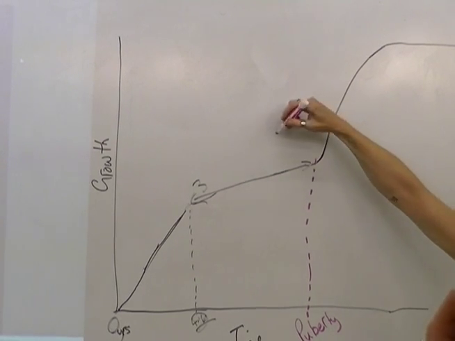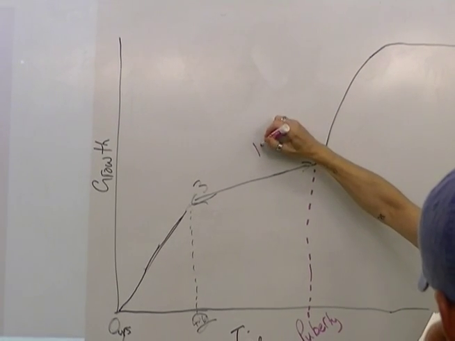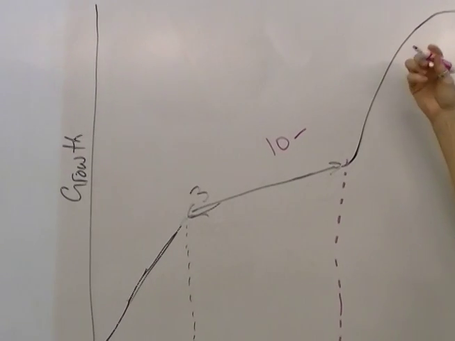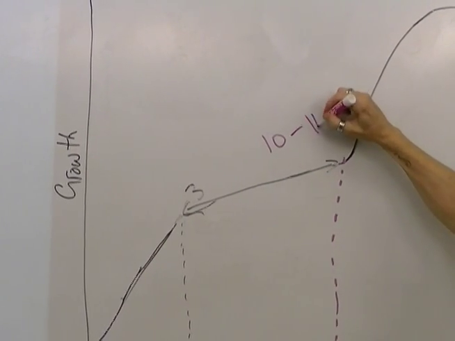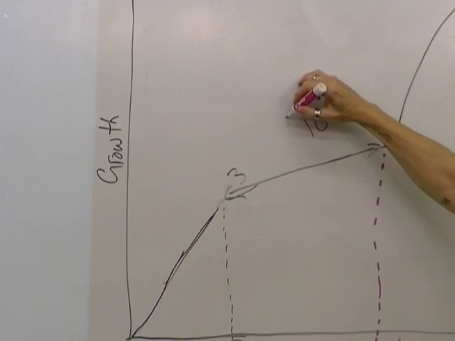For girls, it's going to be anywhere from 10 to typically 14, but it can be as late as 15.